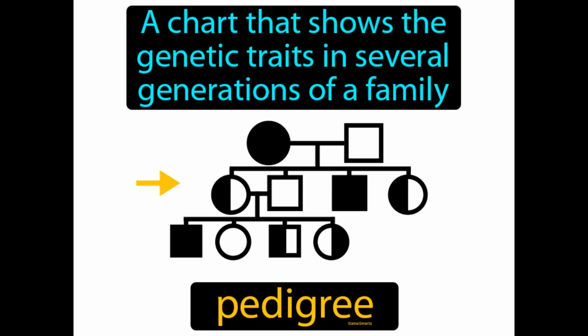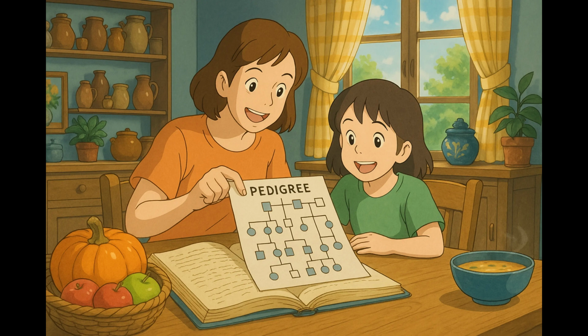A chart that shows the genetic traits in several generations of a family. Pedigree. In science, a pedigree is a diagram that traces inherited traits over multiple generations of a family. Imagine trying to trace the history of a family recipe that has been passed down through generations, with each family member adding their own unique twist.